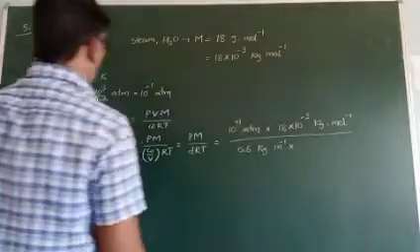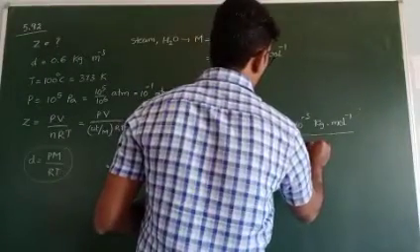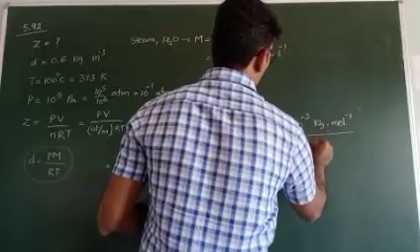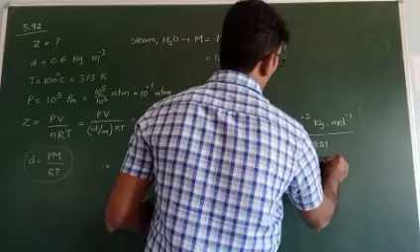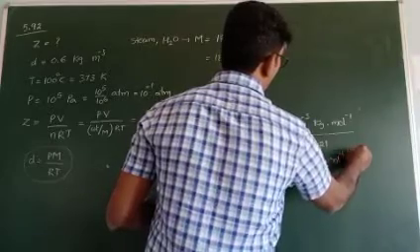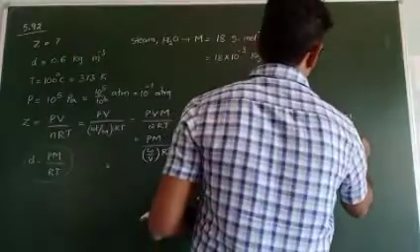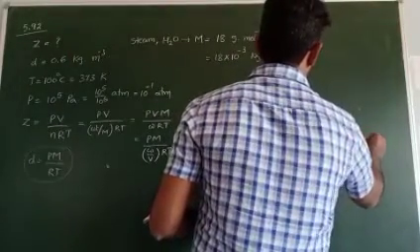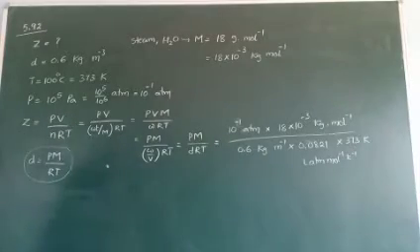Okay, good. R value, so atmosphere means 0.0821 liter atmosphere mole inverse Kelvin inverse, into temperature 373 Kelvin. Now we can calculate this one.